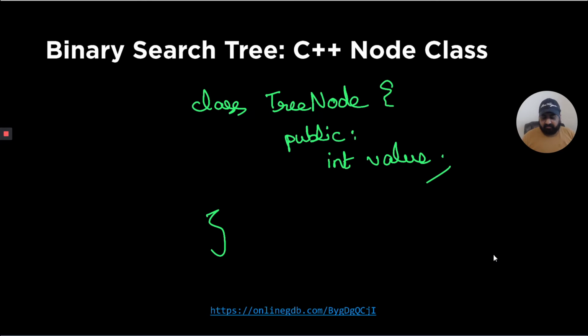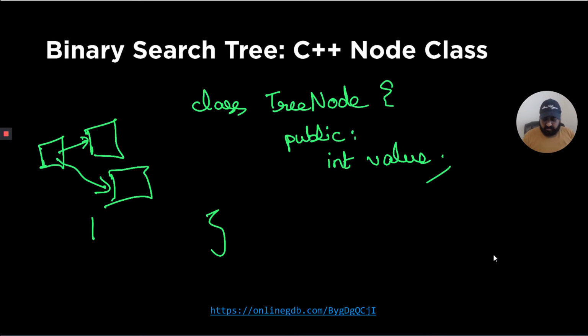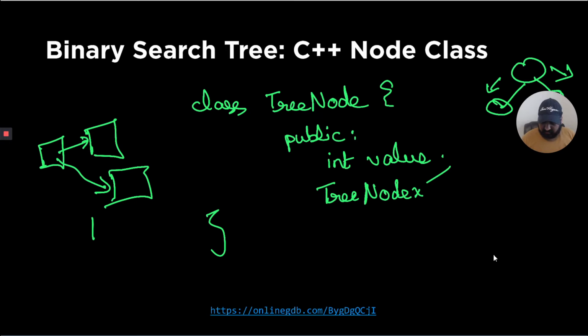Also, when we discussed linked list, it had a next pointer to the next element in the linked list. But when we talk about BSTs, each node actually has two different pointers which point to its children. If we have a node like this, it has two different nodes, which are its left child and its right child. Therefore we need two different pointers, which are tree node star left and tree node star right.